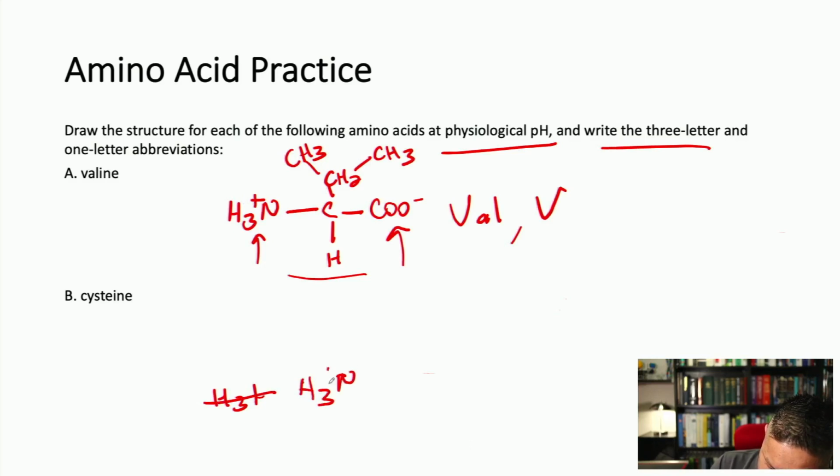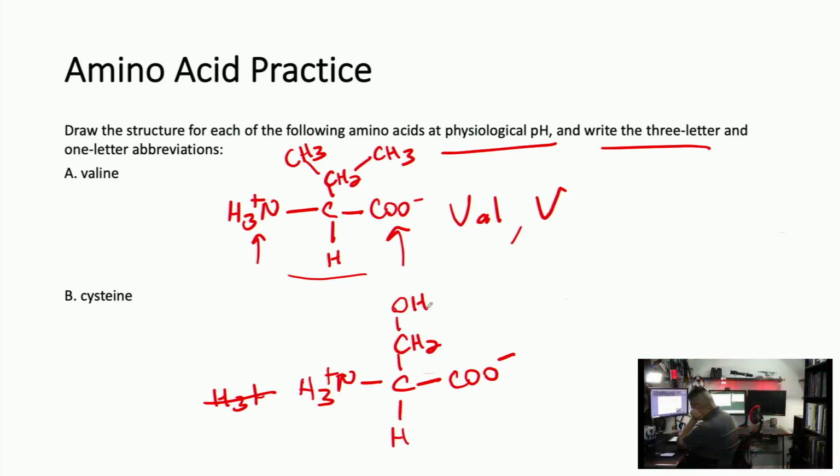If I can get this N out, there we go, and then the rest of the alpha carbon part of the amino acid, right? And it's just the CH2 with the OH. Oops, not OH. I did that wrong. Look, see, even I make mistakes. It's SH.